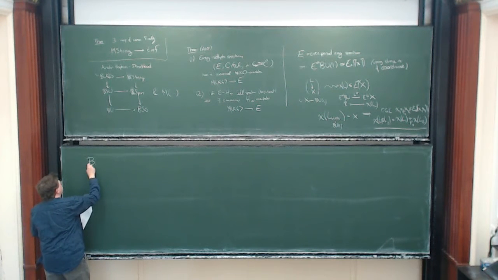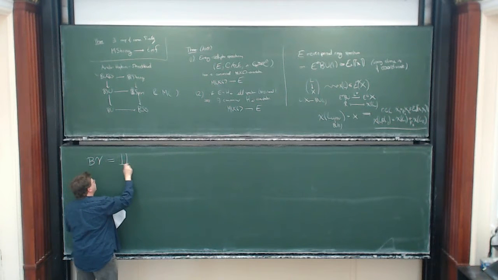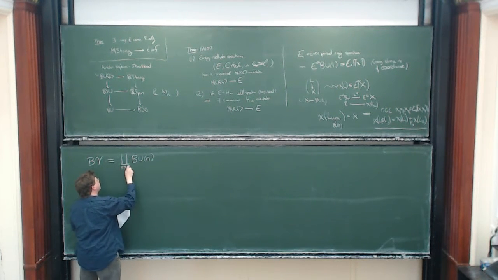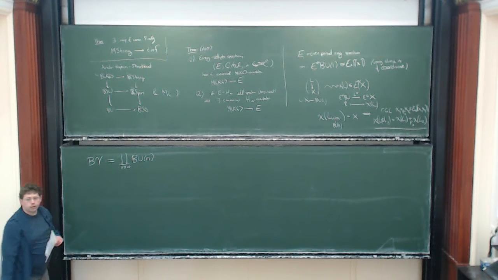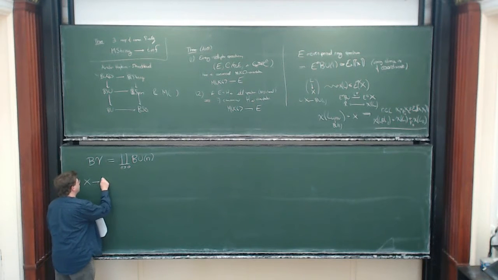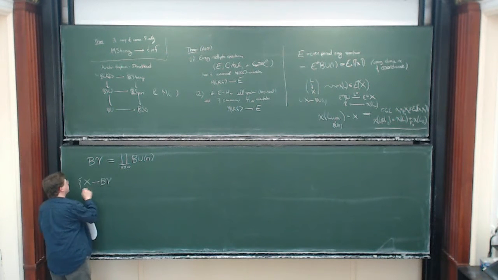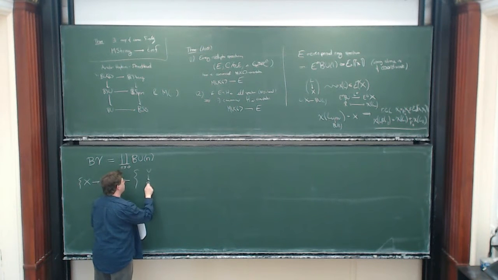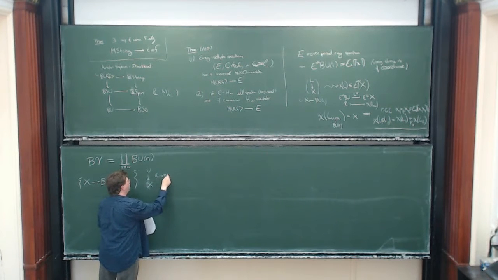So let's consider the following space, BV. It's the disjoint union of the classifying spaces of the unitary groups. This is the classifying space for complex vector bundles. So a homotopy class of maps of X into BV is exactly an equivalence class of complex vector bundles.